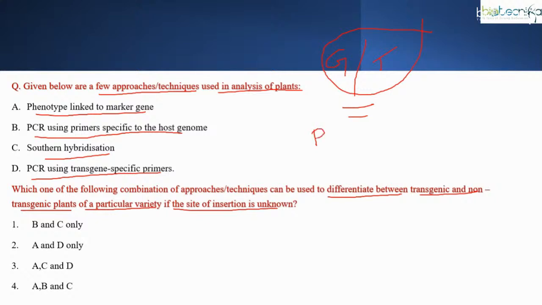One is revision, another one is practicing the MCQs. If you are able to do these two things perfectly, then no one is going to stop you from getting to the correct answer. So what should be the correct answer over here? Apart from Kirtana, can I expect any other answer?